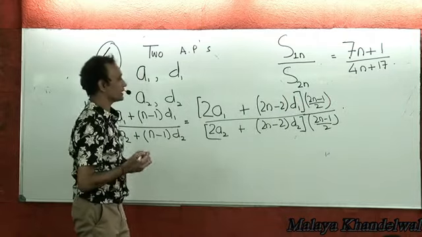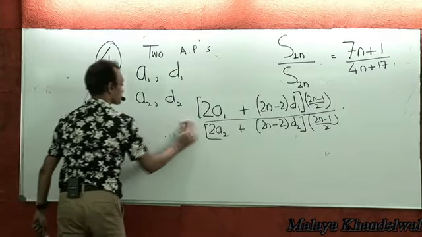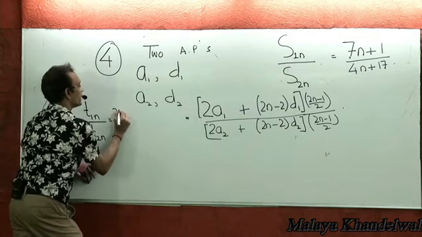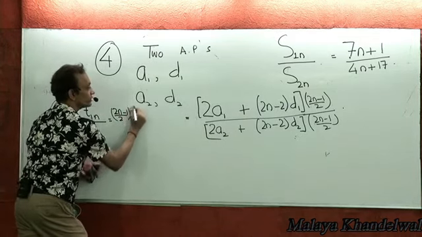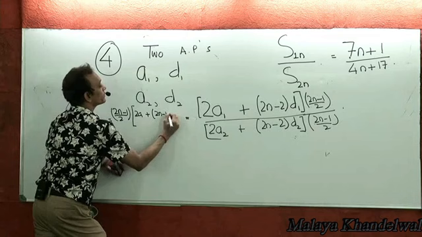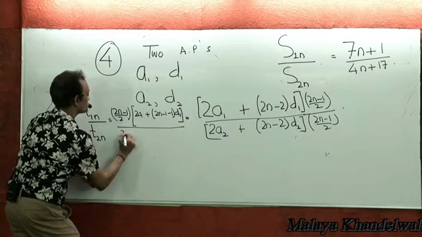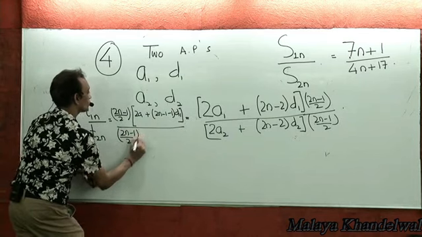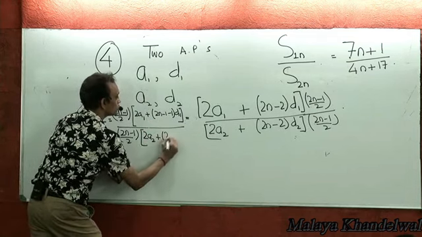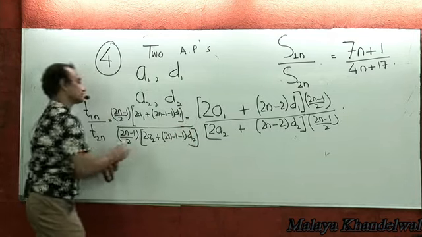The next step, you'll see that this ratio I could have rewritten as (2n minus 1) by 2 into [2a1 plus (2n minus 1 minus 1) into d1], divided by (2n minus 1) by 2 into [2a2 plus (2n minus 1 minus 1) into d2]. See, can I do this?